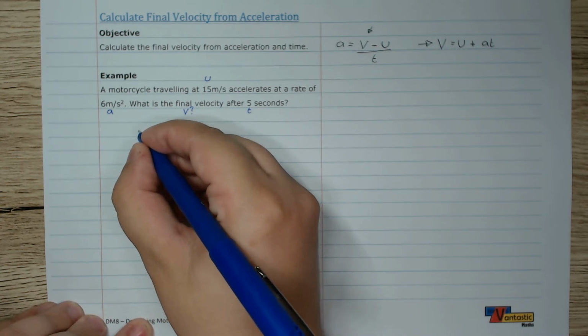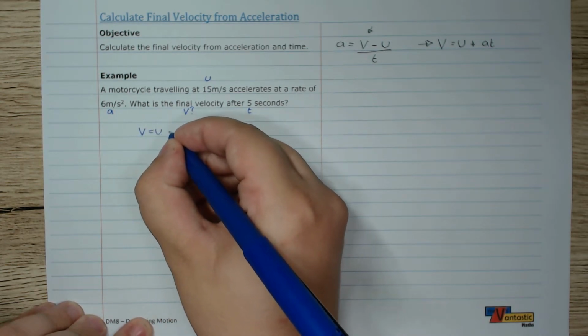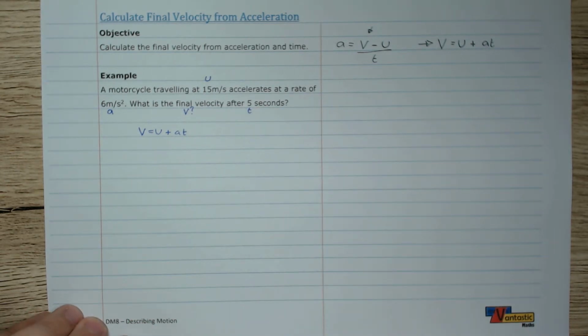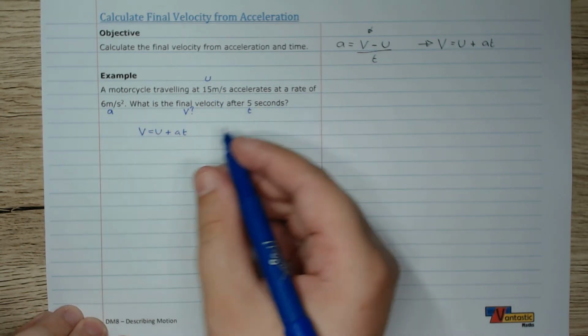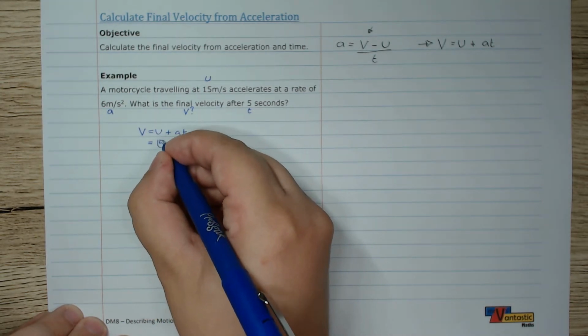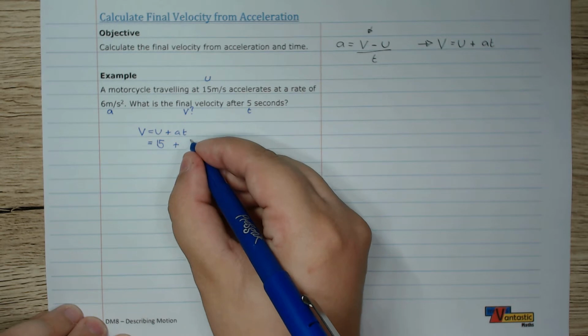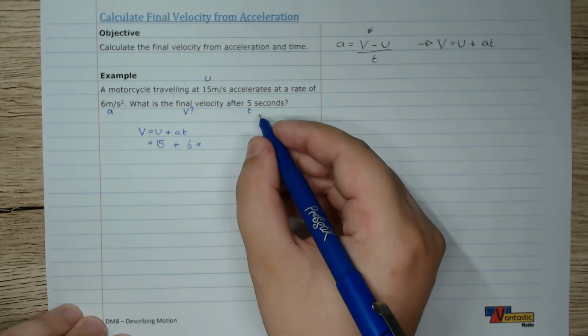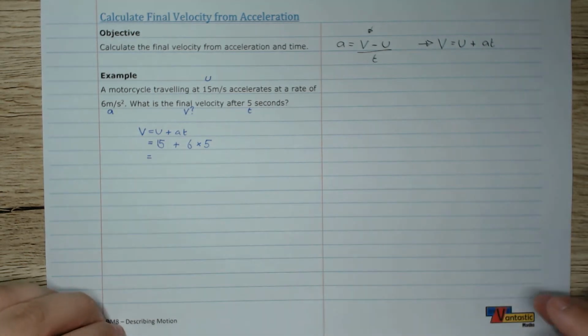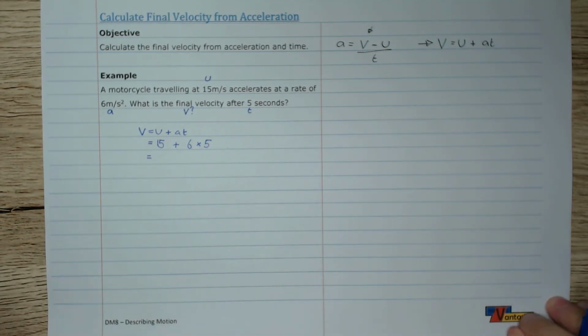Our rearranged rule is v equals u plus at. And if we fill in the information we know, our initial is 15 plus acceleration is 6 times 5 seconds. At this point, use your calculator if you have to.